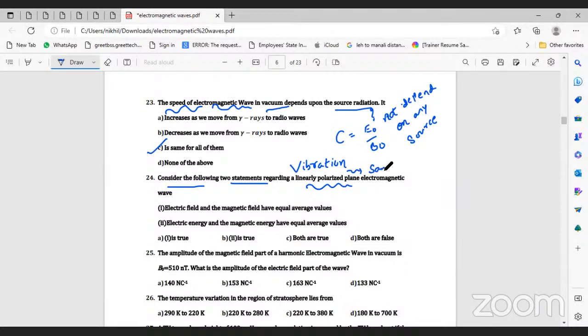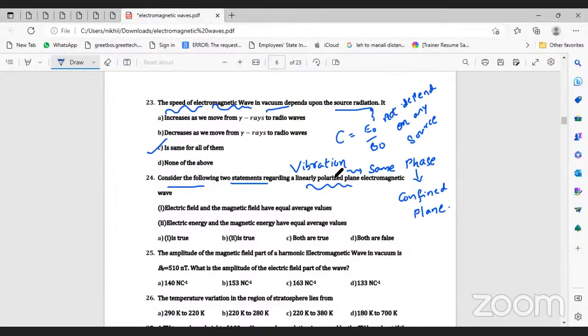If all the particles vibrate in the same phase in a single confined plane, then it is called polarized light.